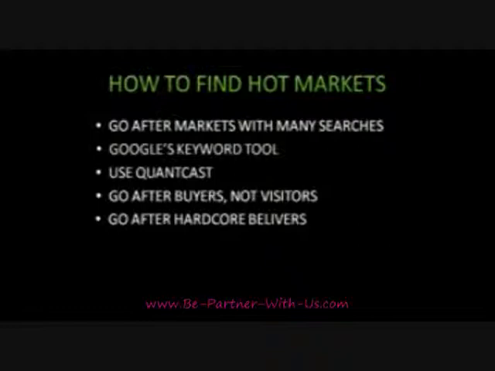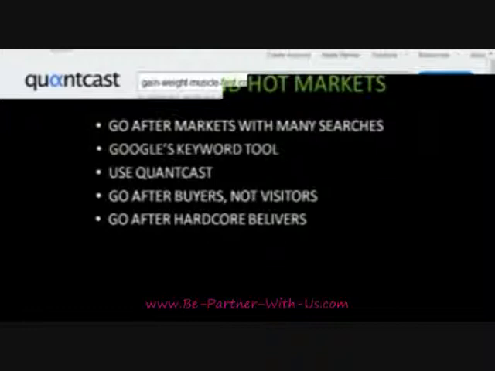You want to go after people that have a burning desire to cure a problem or to satisfy their hobby or their interest, anybody that's a hardcore believer. Because if you're going after things like that, you can see there's a high number of monthly traffic.